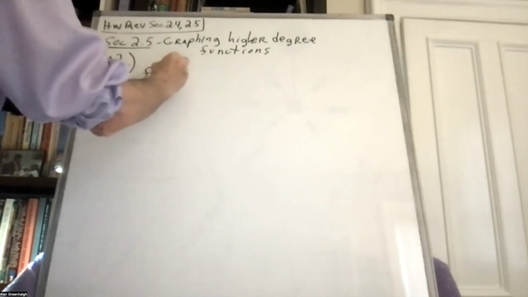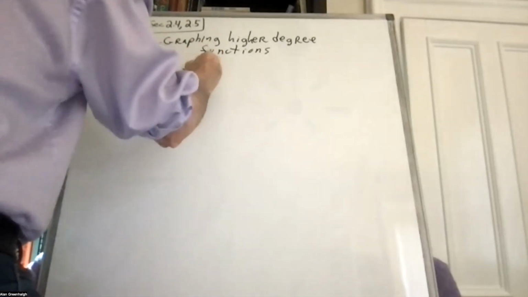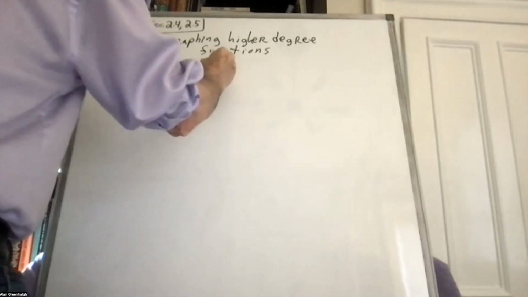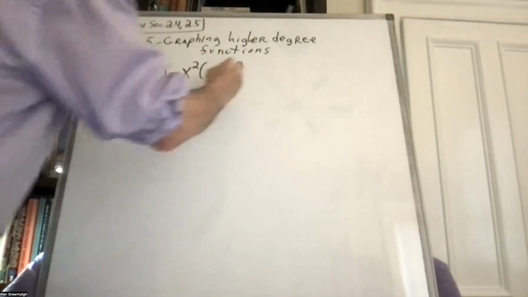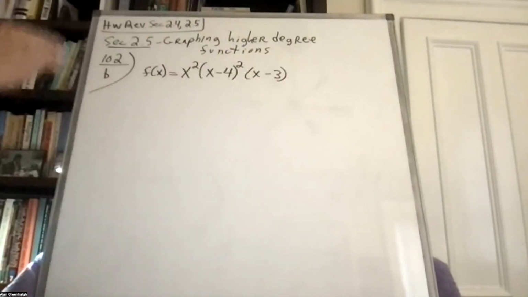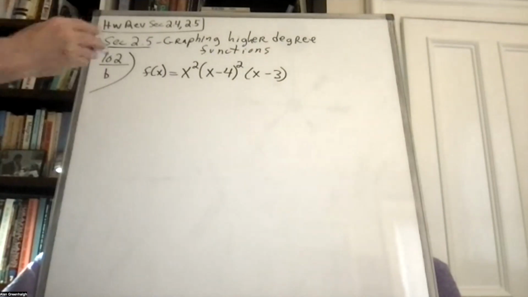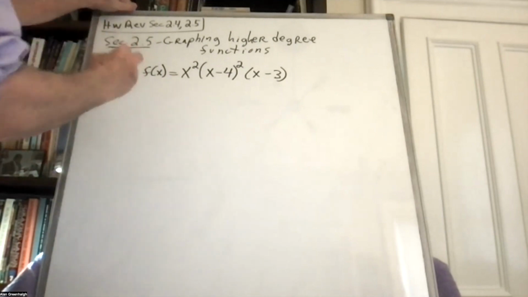F of x equals x squared times x minus 4 squared times x minus 3. This is a very weird looking equation. We've never done an equation like this until yesterday when we did quite a few of them. And the way you graph this is the following way.